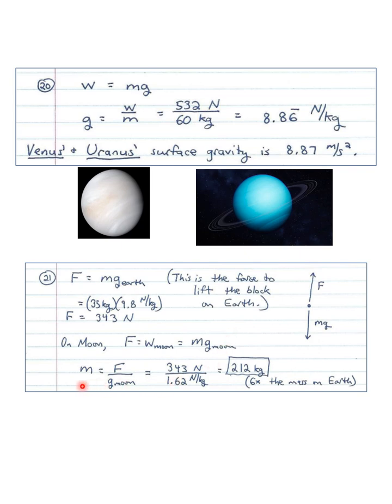So the mass of the object is going to be the force that the person can lift with, divided by g on the moon, 343 newtons divided by 1.62 newtons per kilogram, and this person can on the moon lift a 212 kilogram object. And notice that that's 6 times the mass of what the person could lift on Earth.